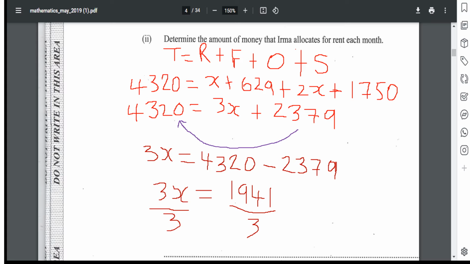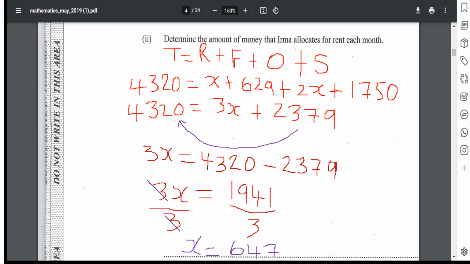So we cancel this 3, give us X is equal to 647, but that's the rent amount for the fortnight.